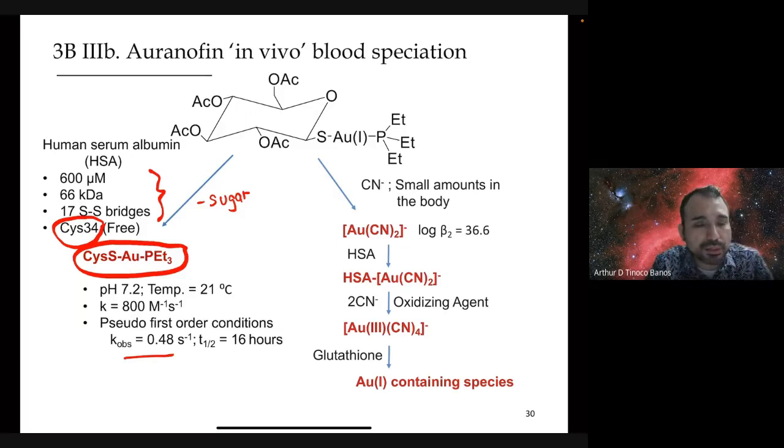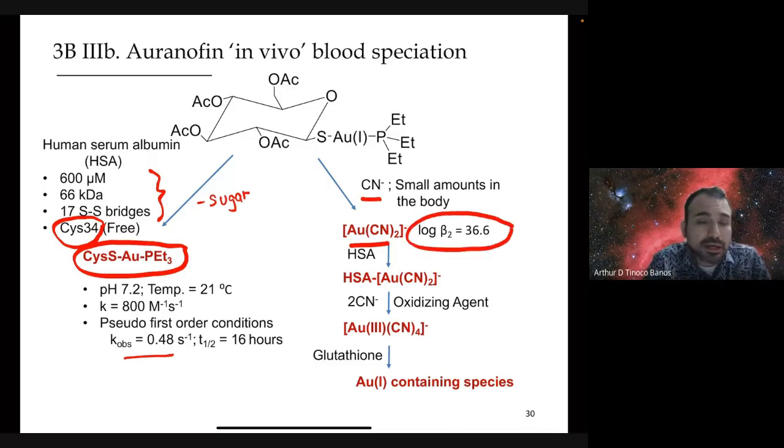Another really important potential contribution to the speciation is the presence of cyanate in the blood. There's actually a small amount that can affect the composition of Auranofin. Considering the binding constant, or the formation constant, of gold with this cyano ligand, we have a log beta of 36.6.